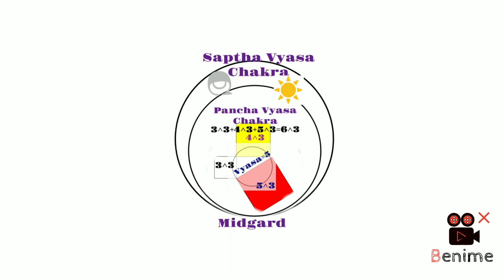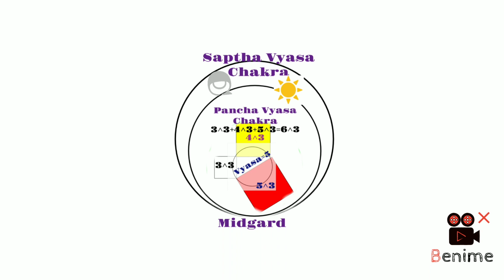If you extend the diameter to 7, in Hindu mythology even the sun and moon are considered planets. So Mercury, Venus, Mars, Jupiter, Saturn, and Sun and Moon make the 7 planets.